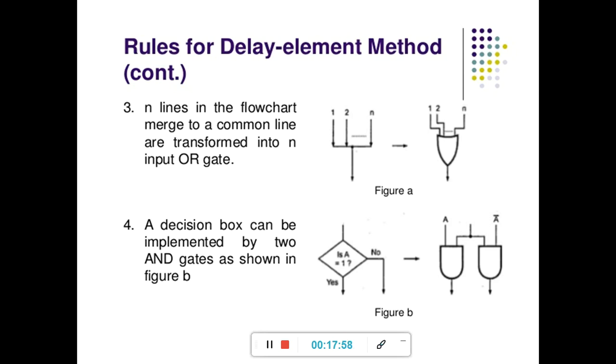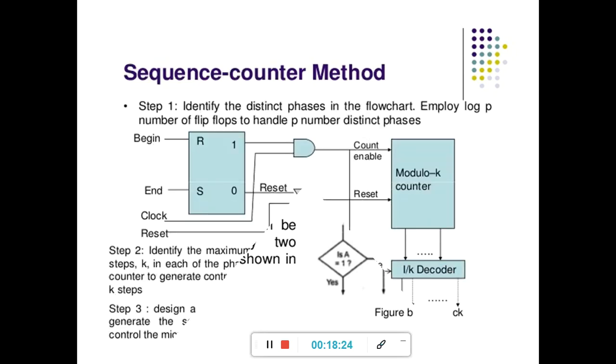So the same information should be passed for the flow chart also. And then number 4, the decision box can be implemented by 2 AND gates as shown in the figure. Here we need to take a decision, so from the decision box we need to implement it. Here an AND gate should be implemented for the input. These are the 4 delay element method rules.